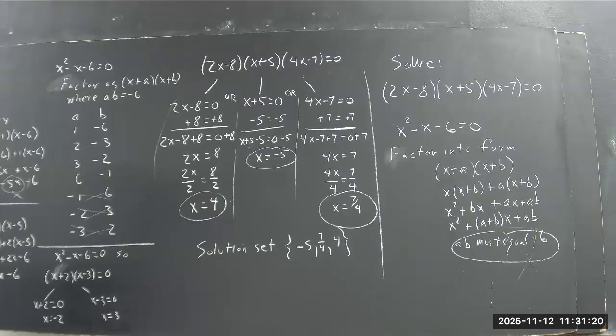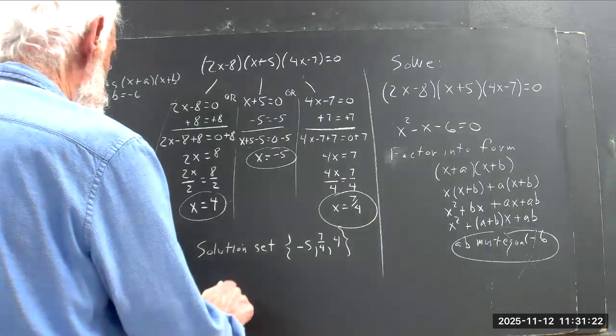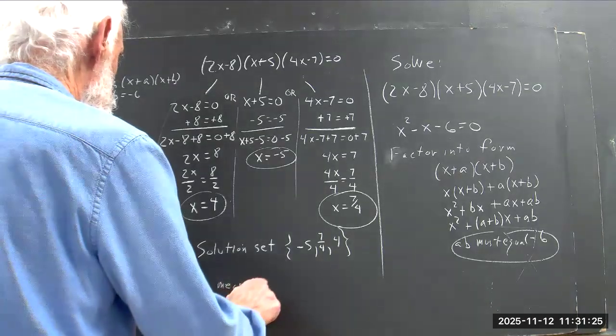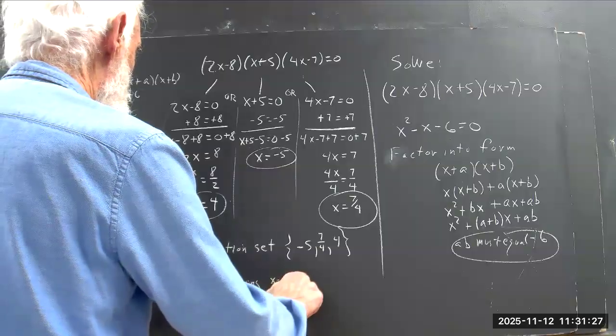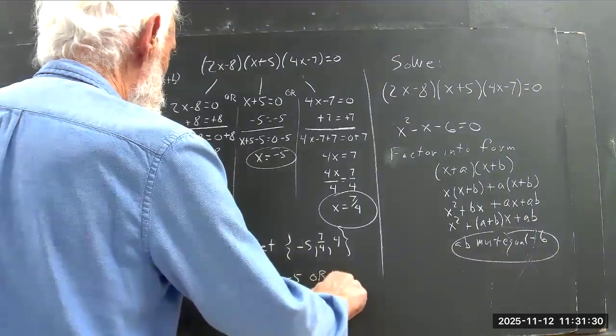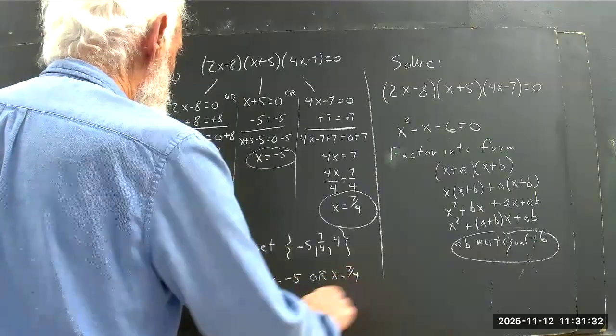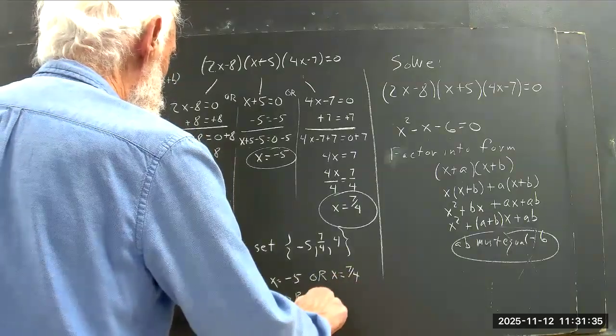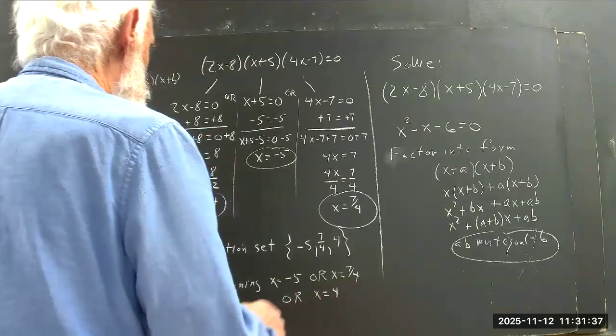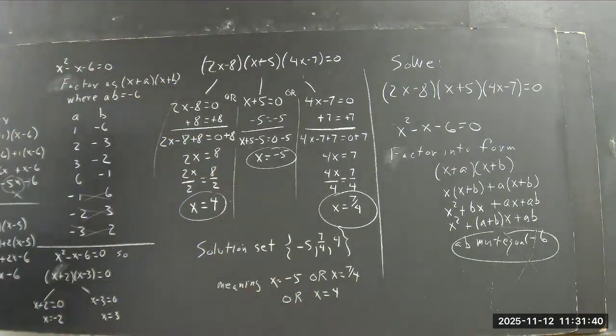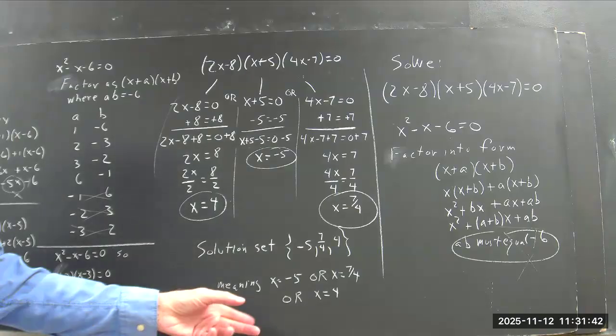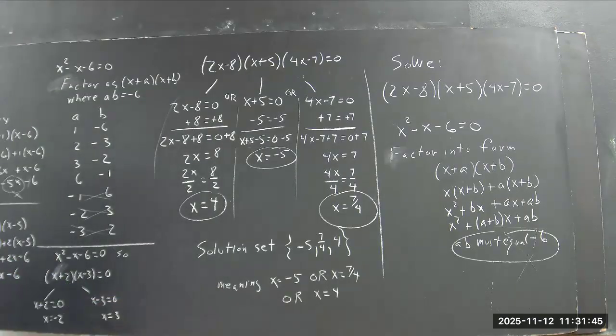So their solution is... And I recommend that you write that word out whether you understand why or not. Because later on, the logic that's involved in solutions is going to involve a lot of ands and ors that you don't want to confuse.